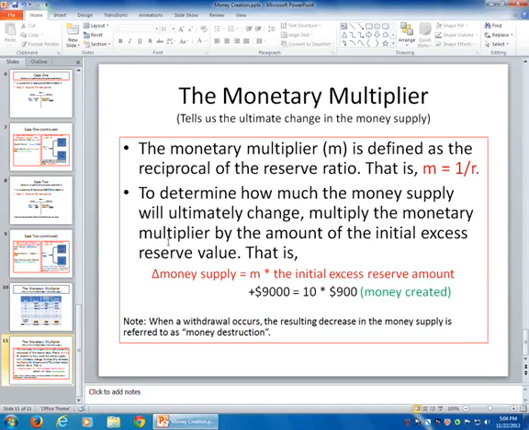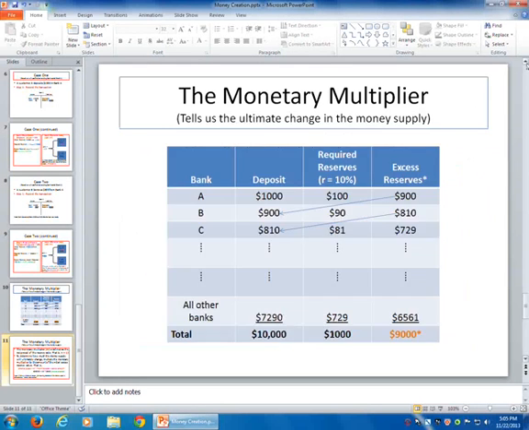Now, you use the multiplier once you have it. Like I said, you take the multiplier and multiply it times each initial component of the first transaction. Since we're looking at how the money supply will change, we want to focus on the initial excess reserve value. From that previous table, the initial excess reserve value was 900.